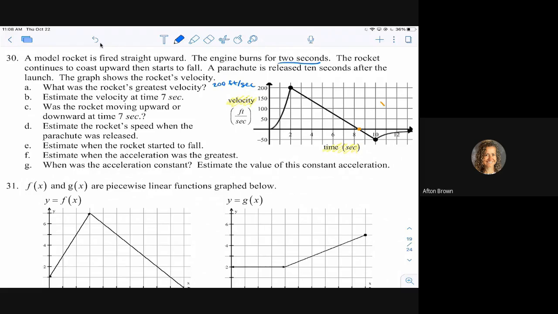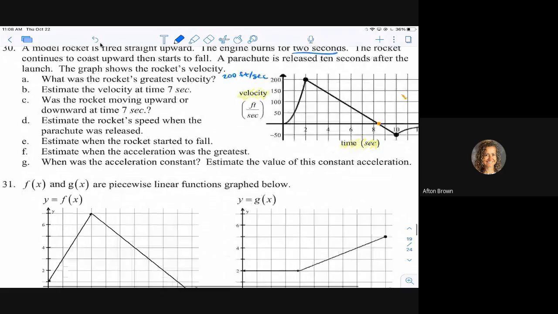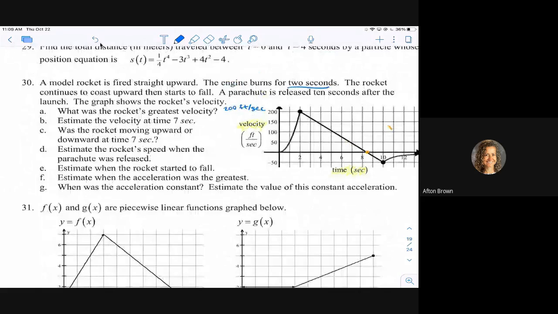So the parachute comes at the second dot, right? So in order to find the speed, how is speed defined? Anybody remember what speed is equal to? Absolute value of velocity. So at 10 seconds, what is the velocity?